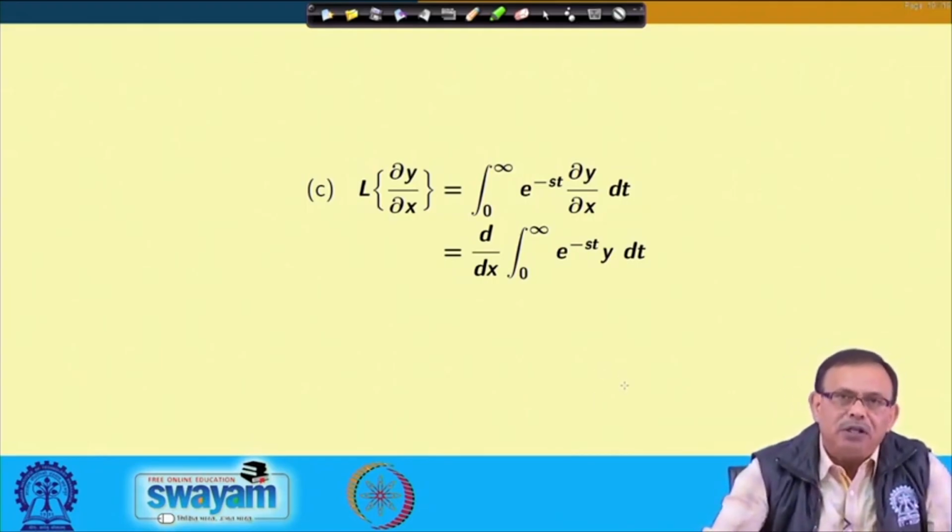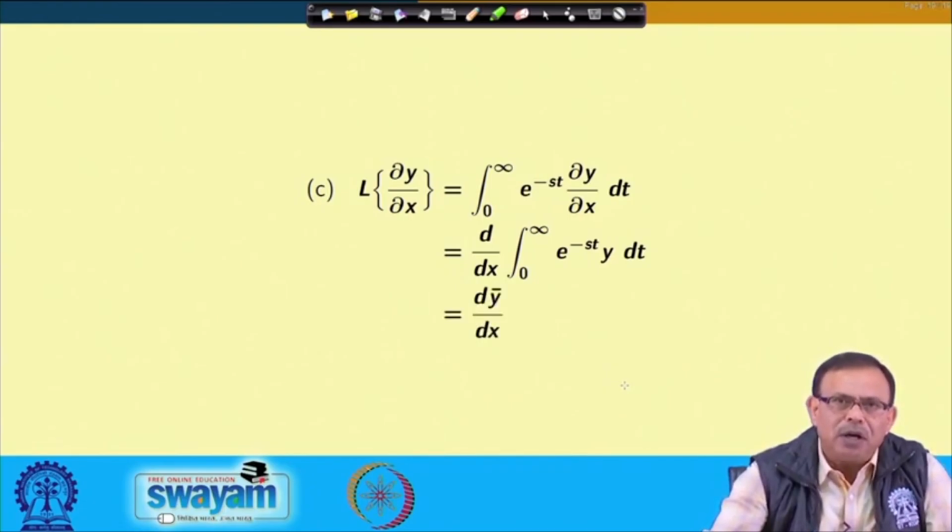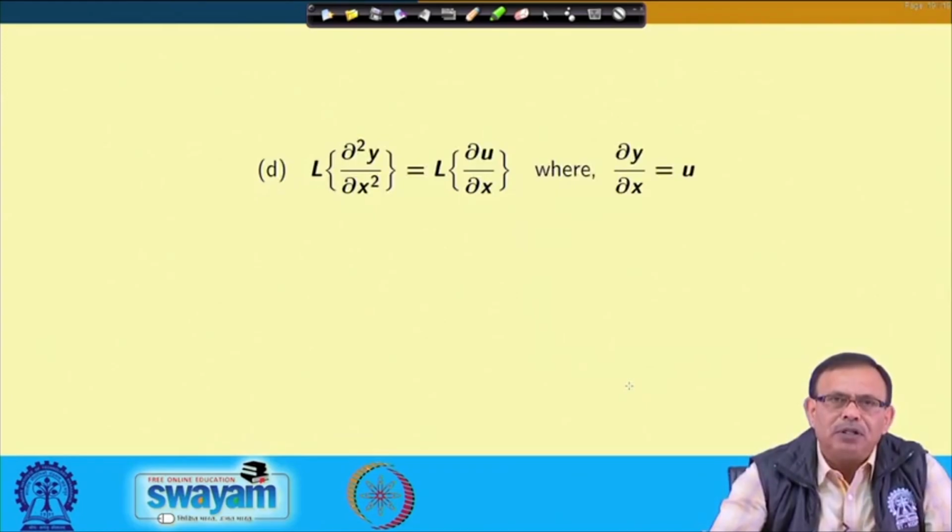So I can write d dx of the integral from 0 to infinity of e power minus s t into y dt, and this is nothing but y bar. So I obtain my required result. The fourth part is the Laplace transform of del 2 y del x square. I can write this as the Laplace transform of del u del x, where u is del y del x.